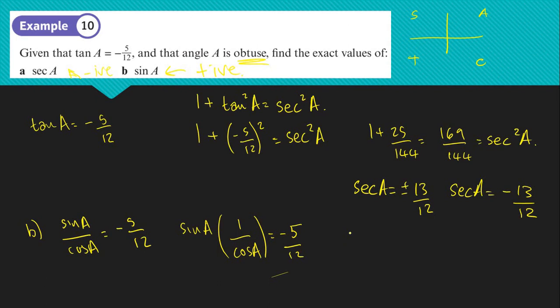So I've got negative 13 over 12 of sine A is going to equal negative 5 over 12, sorry. Cancel off these denominators. Move everything under, and I'll get sine A is going to equal 5 over 13, which is positive, as expected. Job done. Pretty cool, nice way of doing it. There's lots of different ways to do it, but that's the way that I would have gone around it.